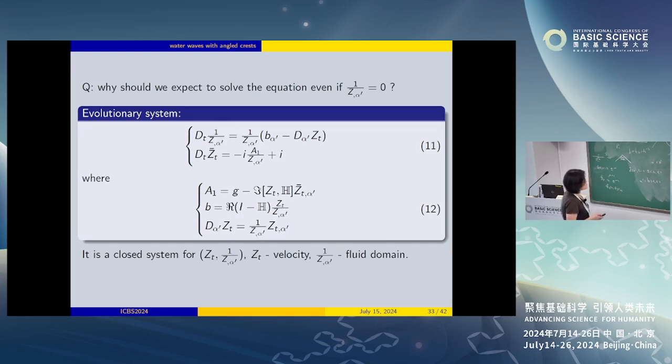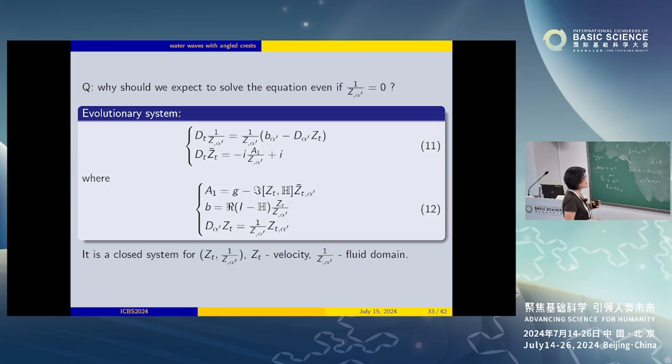Okay, so now why should we expect to solve the equation even if 1 over Z_α is 0? If you just look at the evolution of this water wave equation, to understand the water wave we only need to understand two quantities, velocity and the shape of the domain, right? The velocity Z_t, and the shape of the domain is determined by its Riemann mapping, okay?